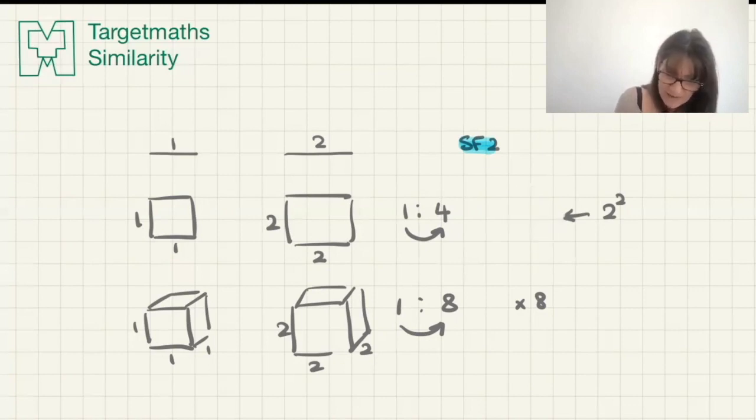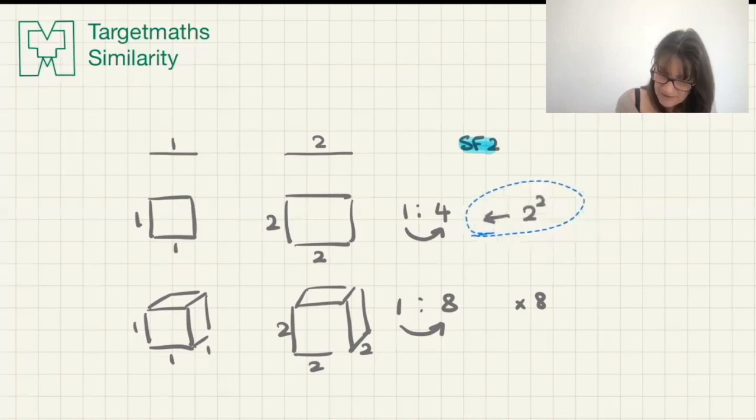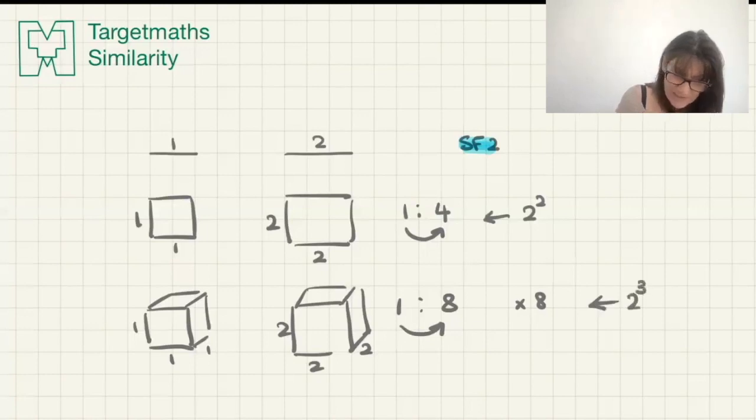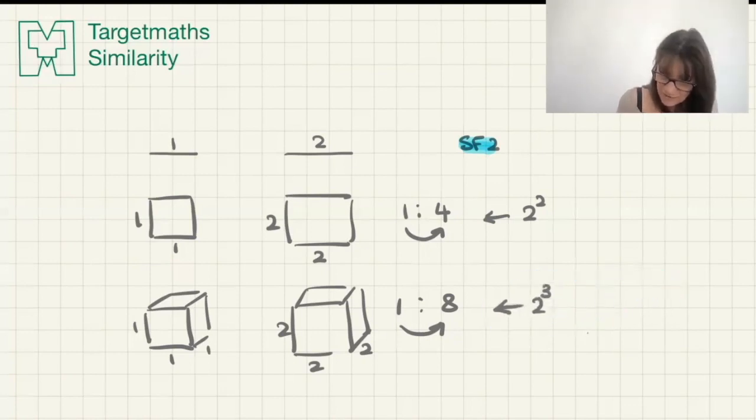I can now be thinking of it as times by 2 to the 2. Okay. The same thing is happening with this 8. I can make 8 by doing 2 cubed. So I now no longer need to think of this as times by 8. I can think of this as a scale factor of 2 to the 3, or 2 cubed.